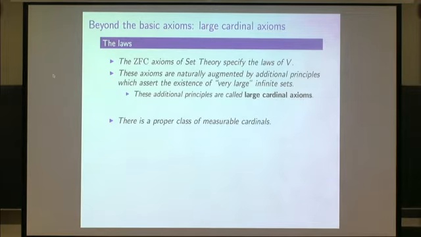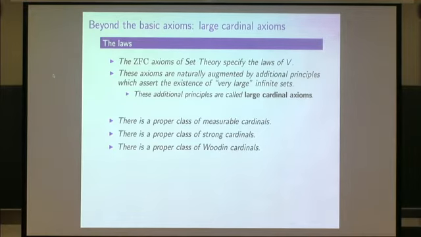And here I'm going to give you some samples. Proper class of measurable cardinals. Measurable cardinal is a conception, it's a large cardinal. To say you have a proper class just says for every alpha, there's a cardinal bigger than alpha with that property. Okay, then bigger than measurable are strong cardinals.